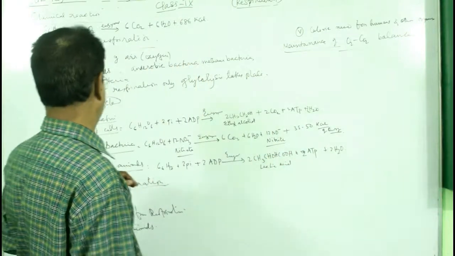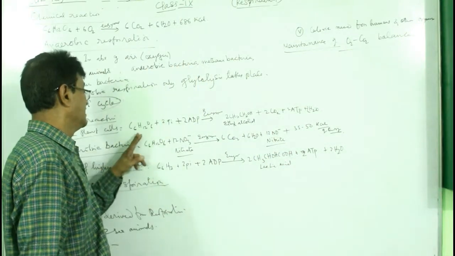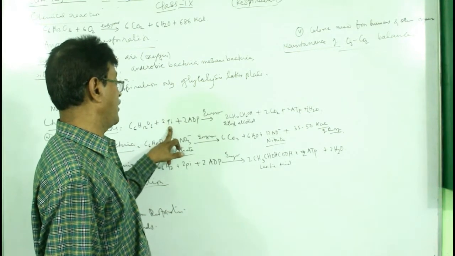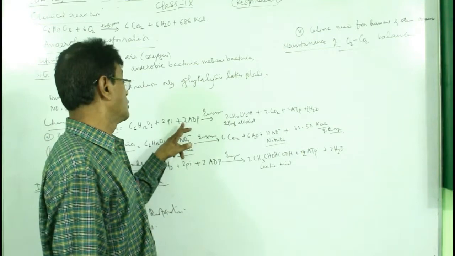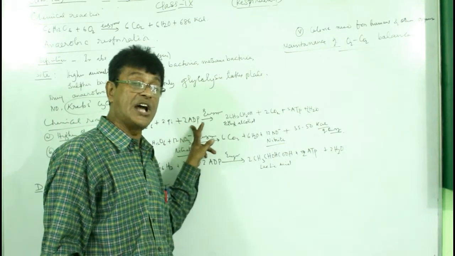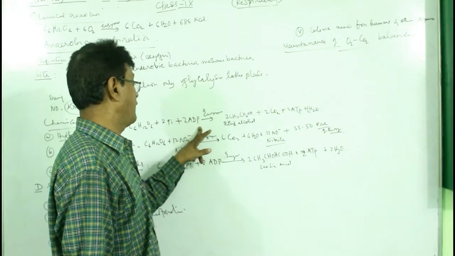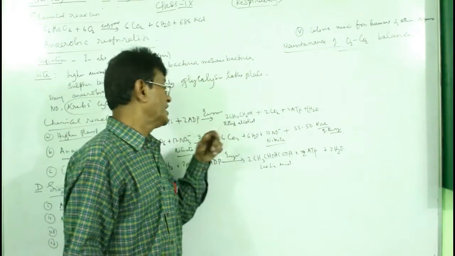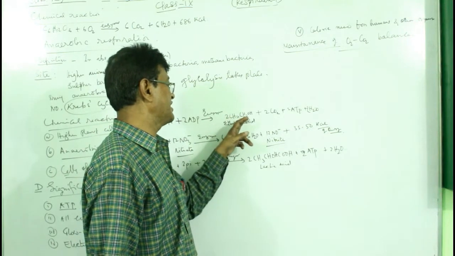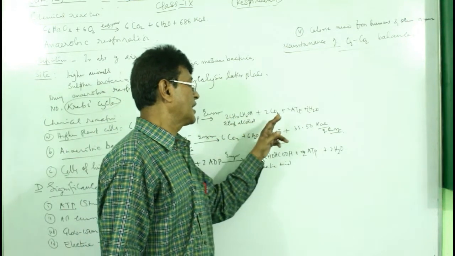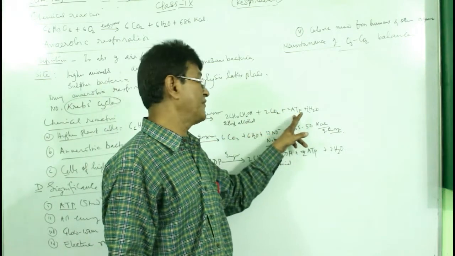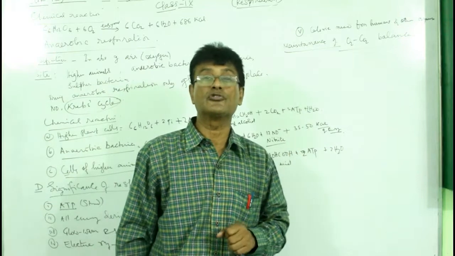So I repeat: in higher plant cells, glucose forms ethyl alcohol, CH3CH2OH, plus carbon dioxide plus two molecules of ATP plus two molecules of water.